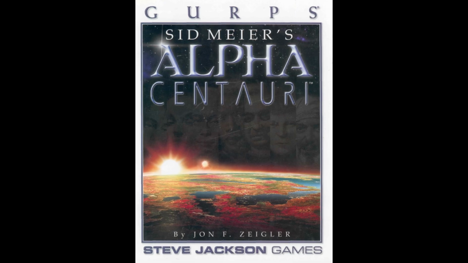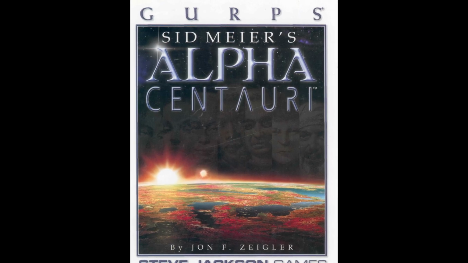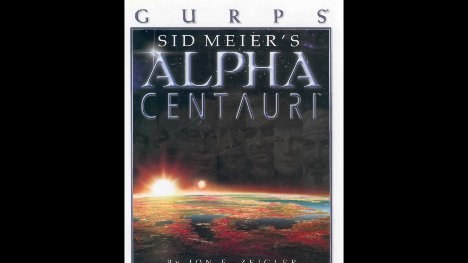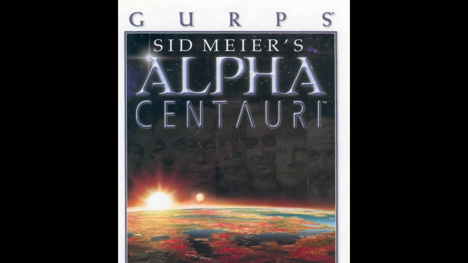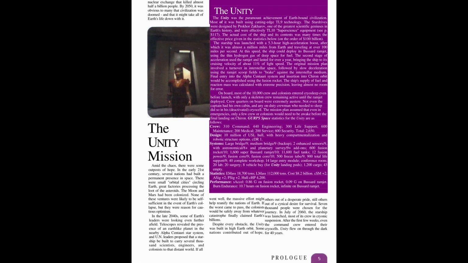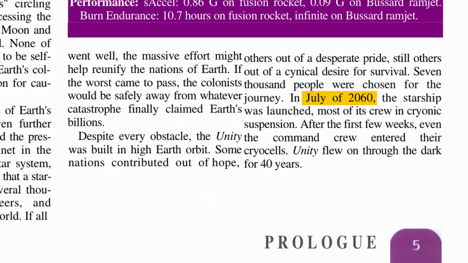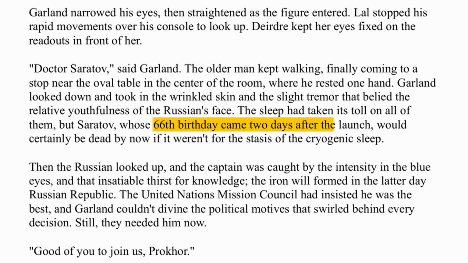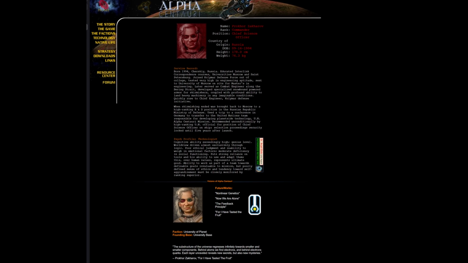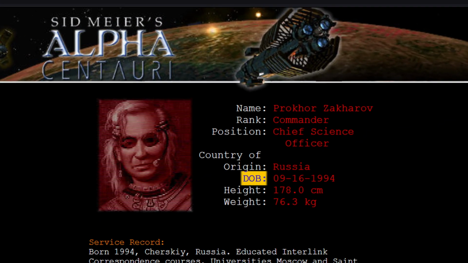Oh, and by the way, the GURPS book has some inconsistencies with regards to the canonical story presented in Journey to Centauri novella. For example, it mentions July 2060 as Unity's launch date, while the novella places it 2 days before Prohor Zakharov's 66th birthday. Alpha Centauri's official website stated his birth date to be September 16, 1994.